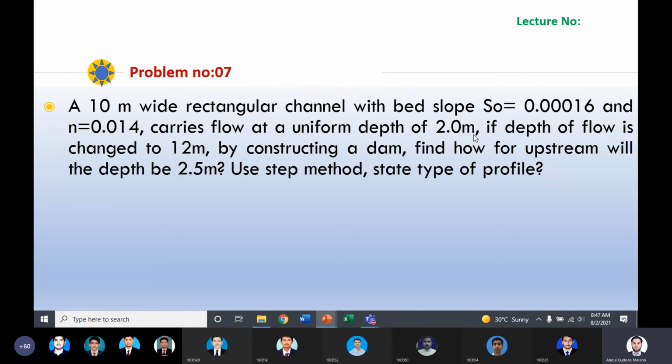If the depth of the flow is changed from 2 to 12 meter by constructing a dam, which will raise the depth of the flow, find how far upstream the depth will be 2.5 meter. So what length is required where the depth will come to 2.5 meter?